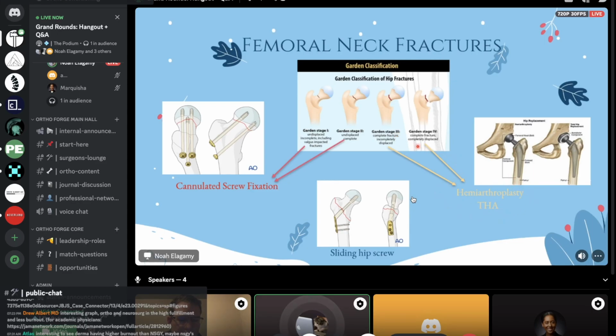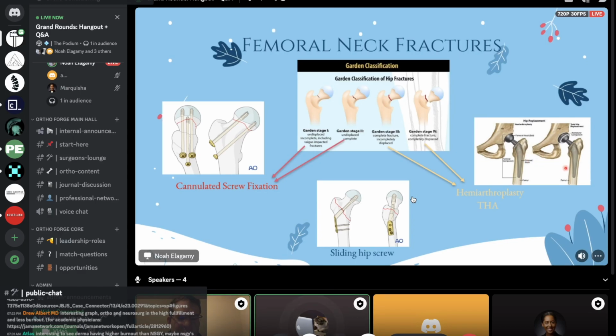Because 3 and 4 are complete fractures, and these are intracapsular fractures, and for all the reasons that we discussed earlier related to AVN, typically these patients will undergo hemiarthroplasty, which is kind of a half of a hip replacement, where you put in the femoral component of a hip replacement.